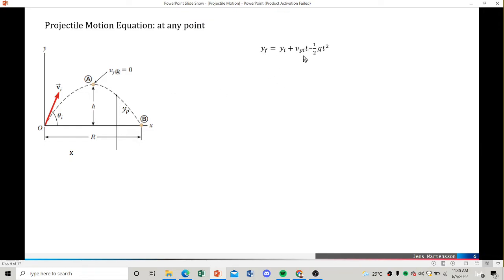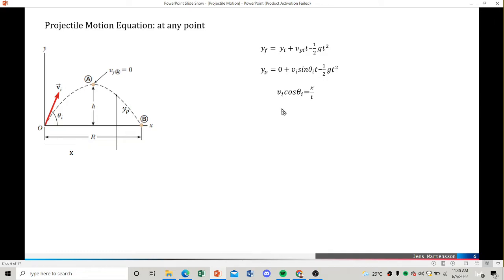So we have here the equation y final is equal to y initial plus vi vy times time minus 1/2 g t squared. Okay? So now, from here, our initial y or distance y is equal to 0. And for vy, that is vi sine theta i times t minus 1/2 g t squared.